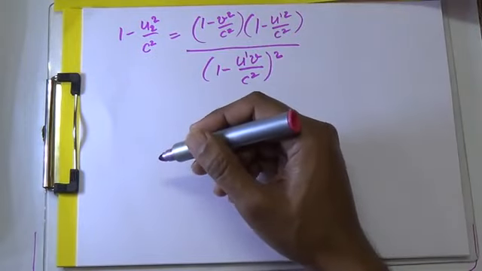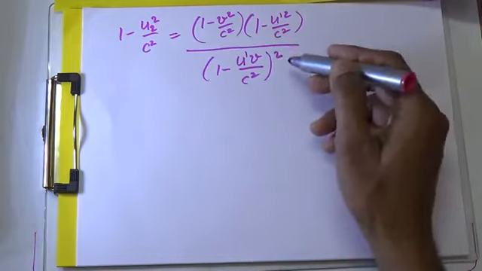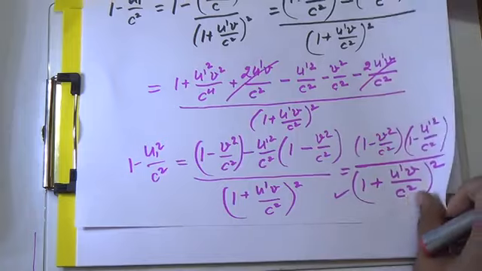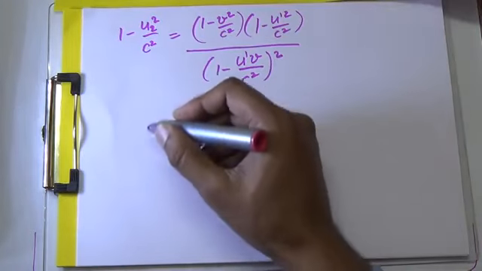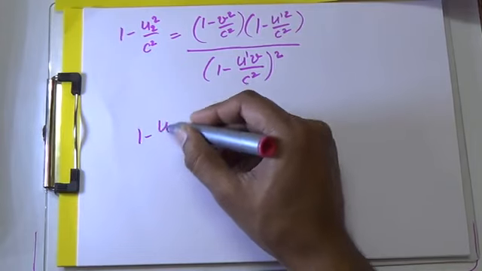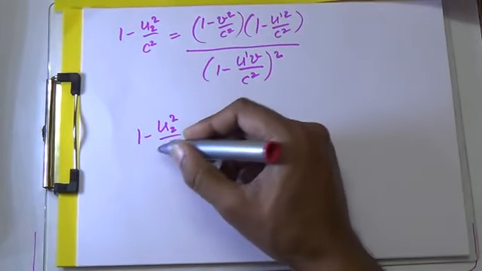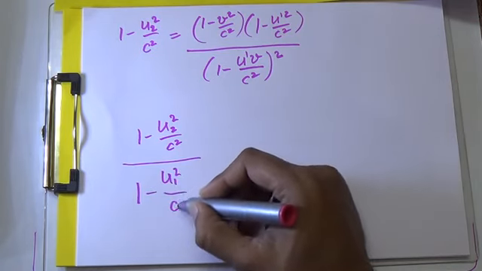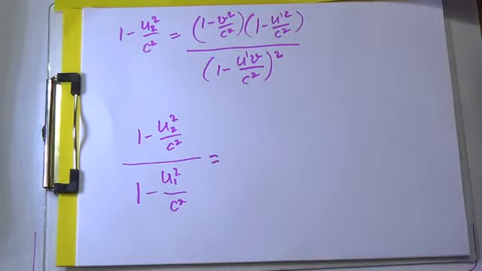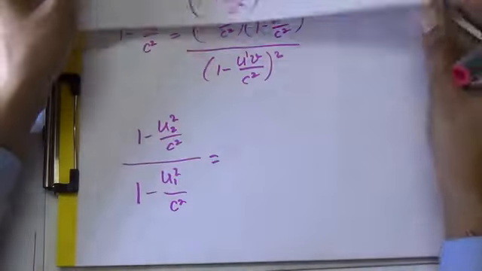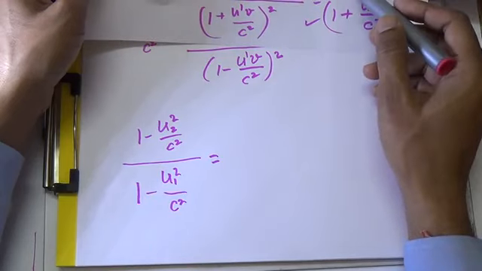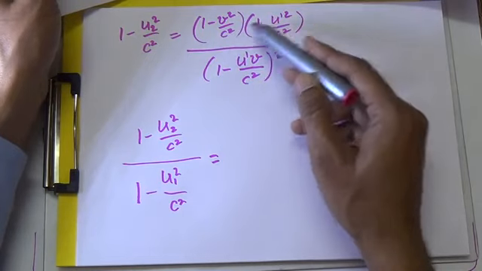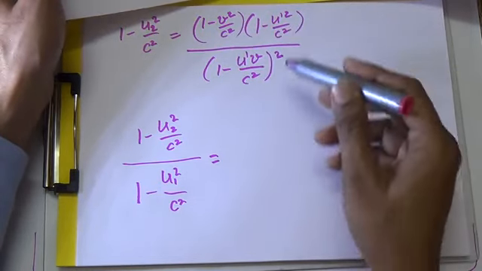Now the next step is to divide this result by the earlier one. We divide 1 minus u2 square upon c square by 1 minus u1 square upon c square, and I am writing here directly because both the factors 1 minus v square upon c square and 1 minus u prime square upon c square are the same, so they cancel out.